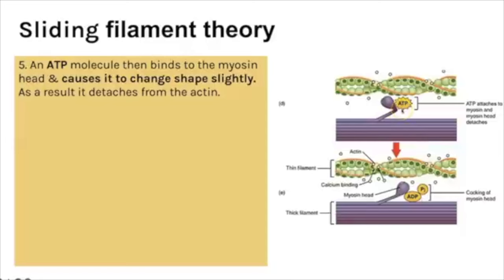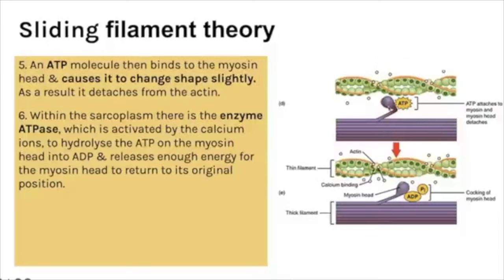ATP is the molecule that then binds to the myosin head and causes it to change shape slightly, and as a result, it detaches from the actin molecule. Within the sarcoplasm, there's an enzyme, ATPase, and that is activated by the calcium ions that were released in the sarcoplasm.